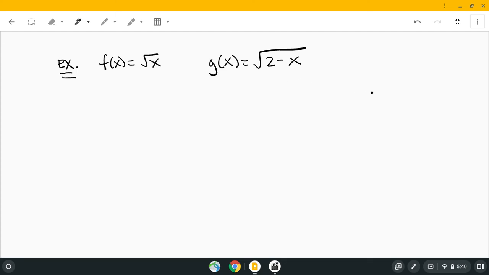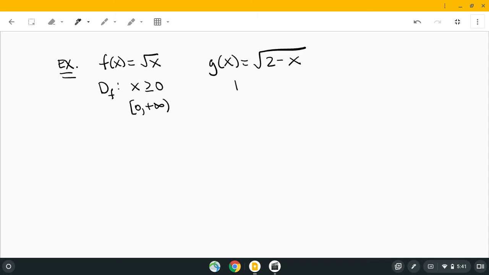All right. So the domain here, I'll just write D and I'll put a little subscript F. Okay. So the domain of the F function, we already know x has to be greater than or equal to 0. Or another way to write that is like this.